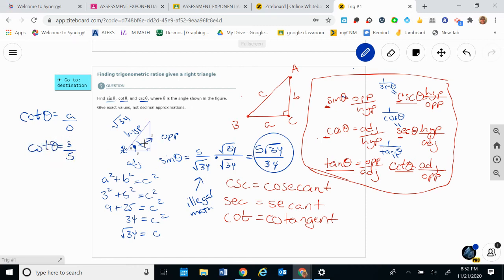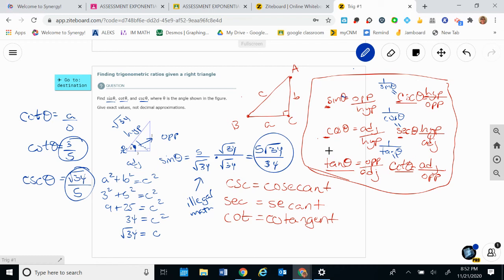That's it, 3 over 5. Then we need cosecant of theta. Well, the cosecant is hypotenuse over opposite. So it's the square root of 34 over 5. And we don't need to rationalize anything because it's on the top. And those are your 3 answers.